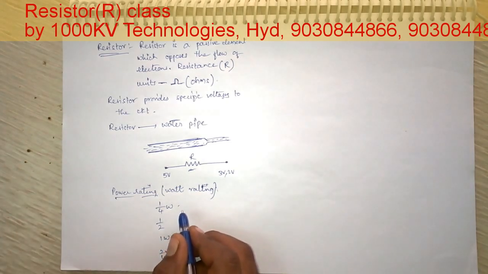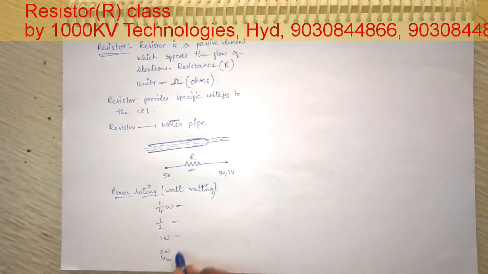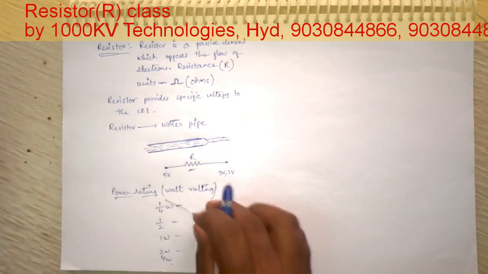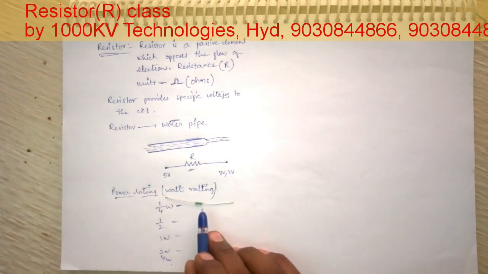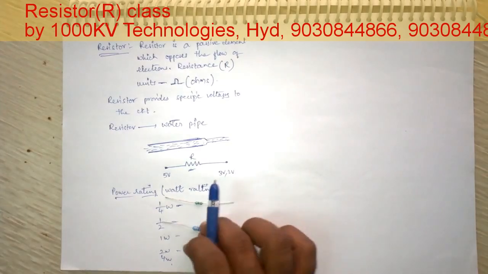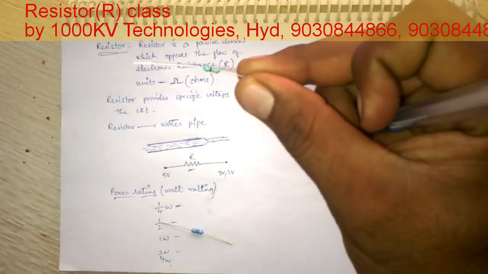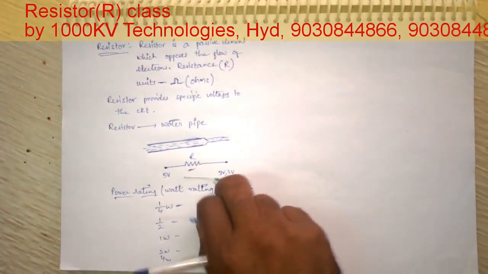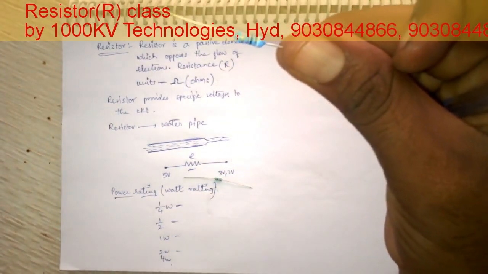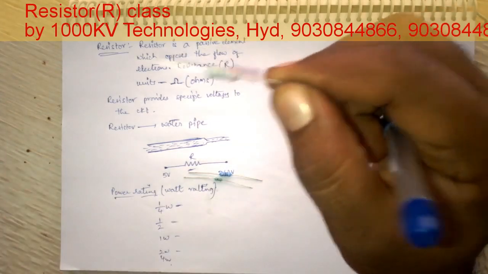See, we can see this resistor. This is a quarter watt resistor. See, the size is less, and this is a half watt resistor. This is a quarter watt resistor, and this is half watt resistor, and this is 1 watt resistor.